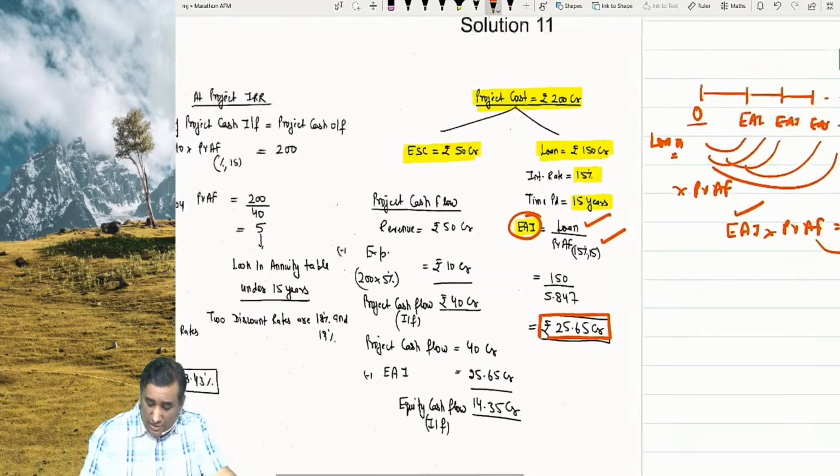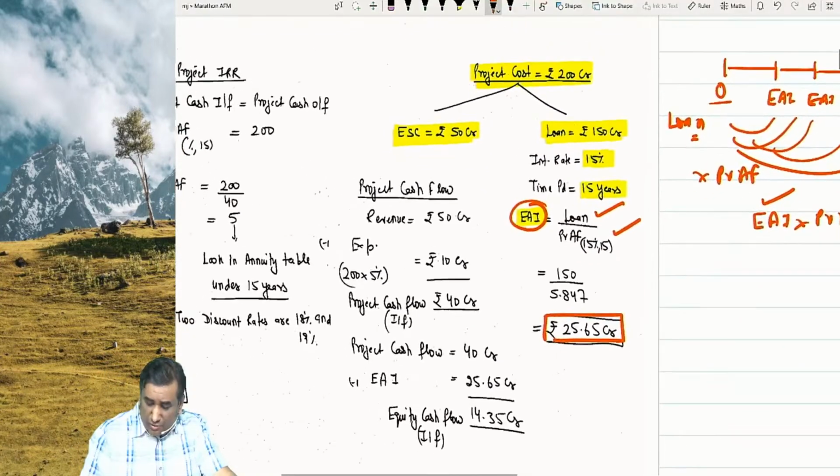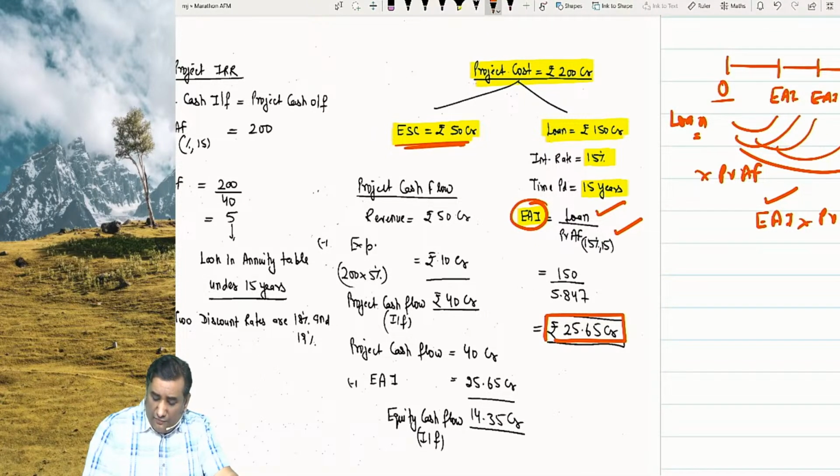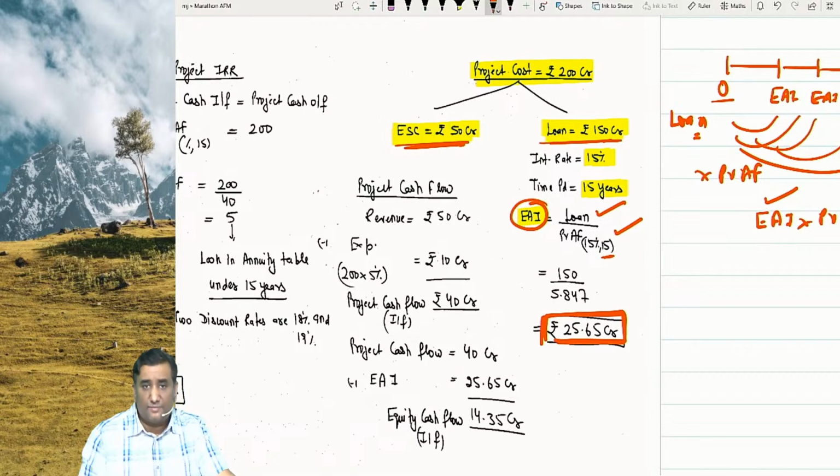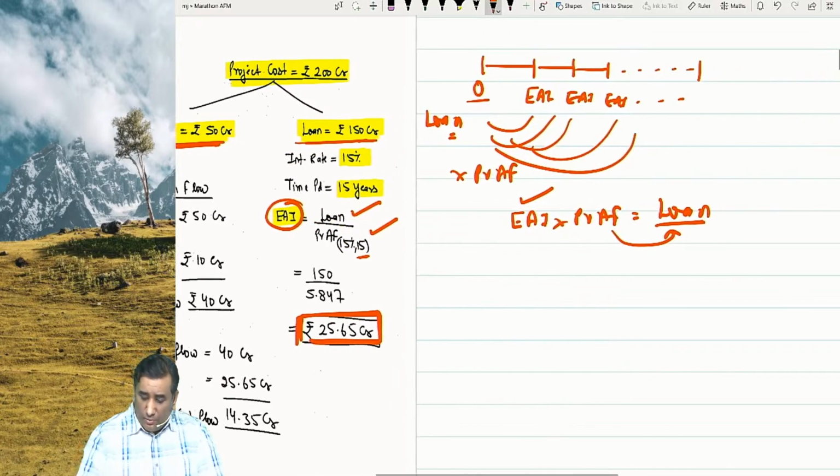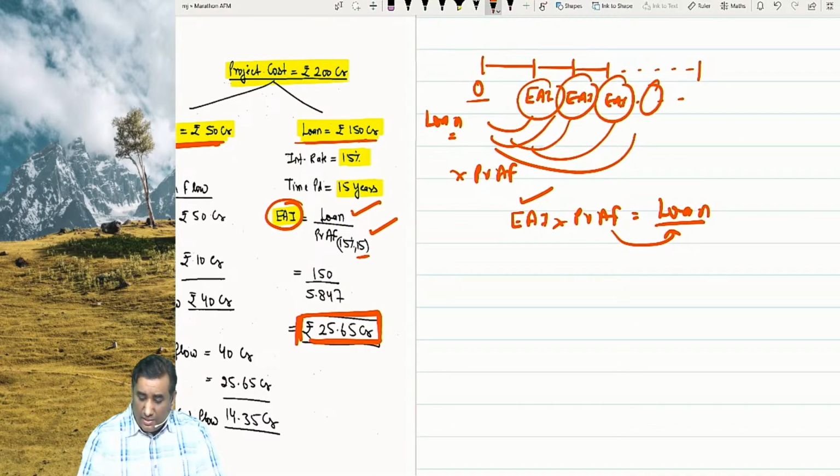So in this case, first, my project cost is 200 crores, equity 50, loan of 150. How do you calculate the equated annual installment by dividing by this annuity factor? You calculate loan plus interest, and that gives you the equated annual installment. So this also includes the interest amount.